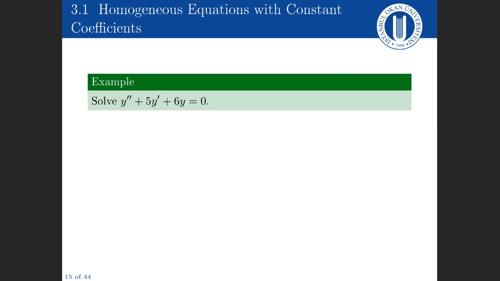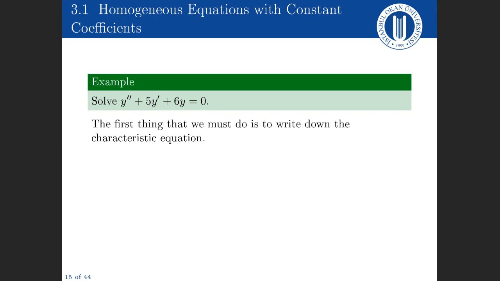For example, solve y double prime plus 5y prime plus 6y is equal to 0. First thing we need to do is write down the characteristic equation. We take the same numbers: 1 at the front, and then 5, and then 6.